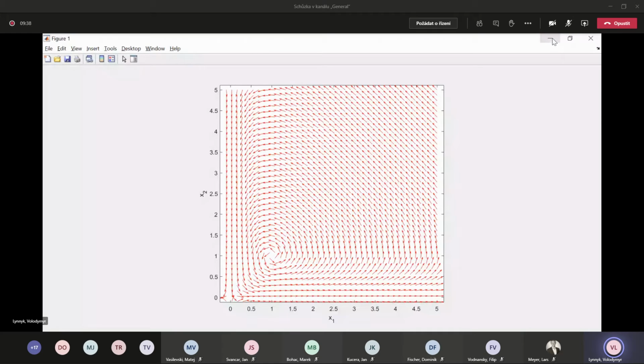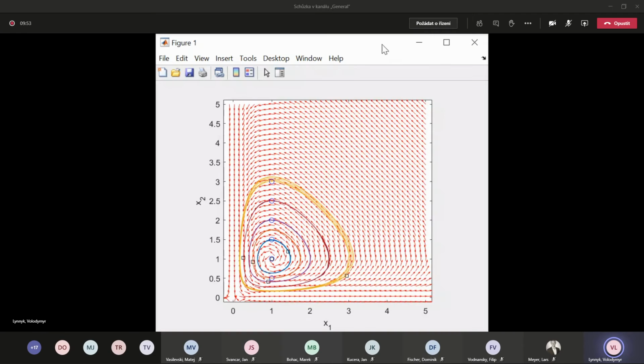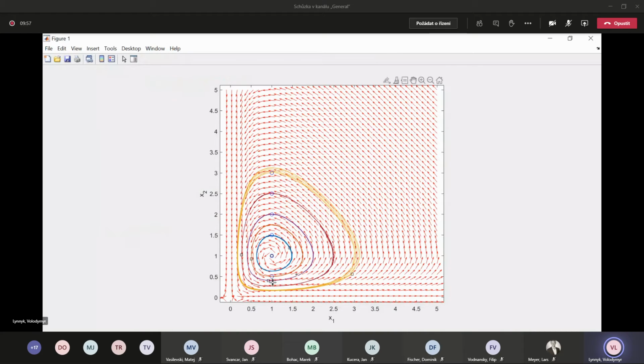Now I try to change my code. Okay, and now you can see if we start with different initial conditions, 0.5, 1, 1.5, 2, 2.5, and 3, you can see that the trajectory is always bounded.